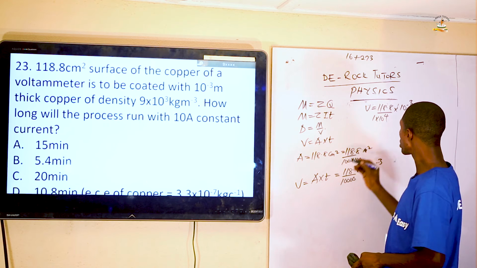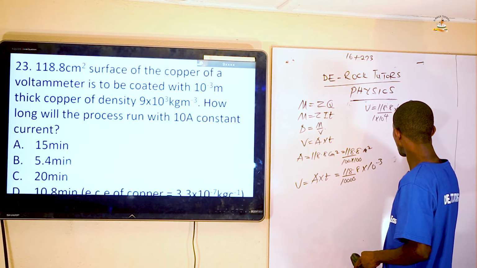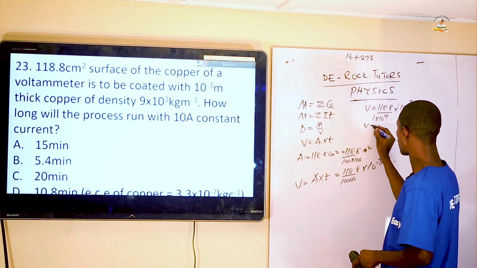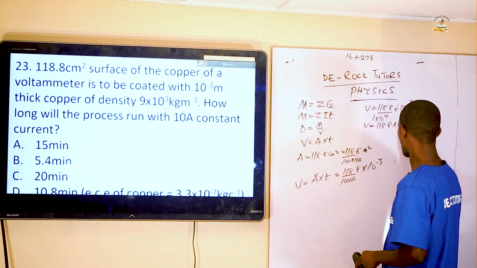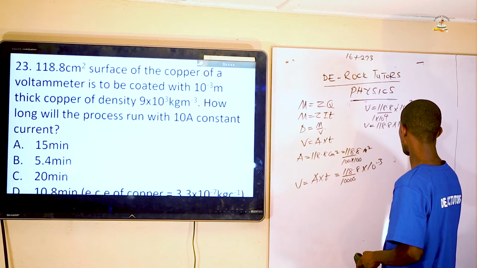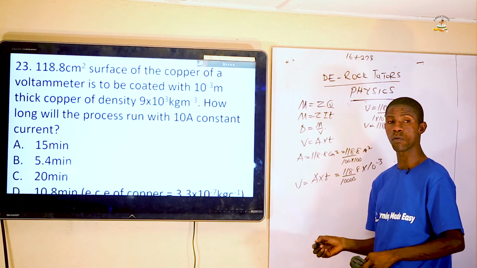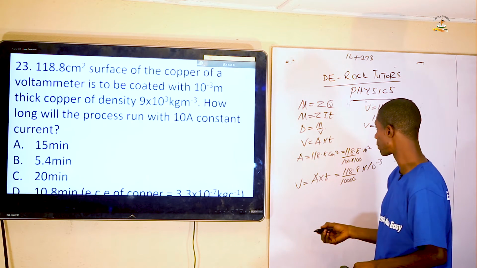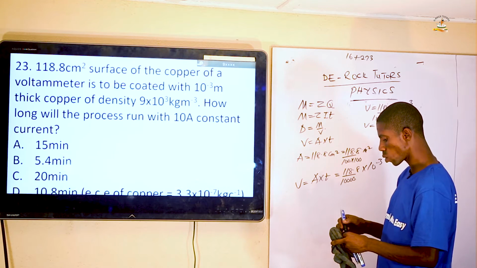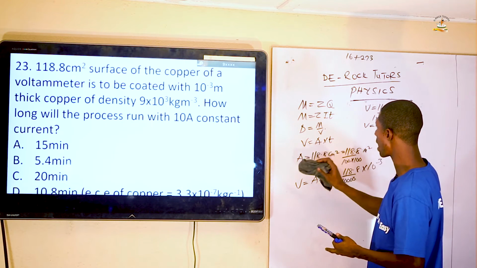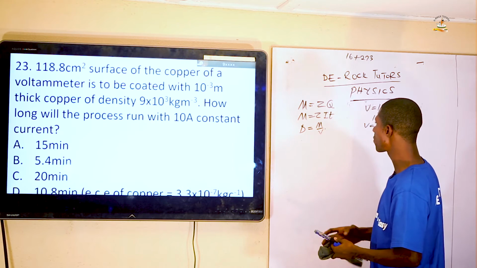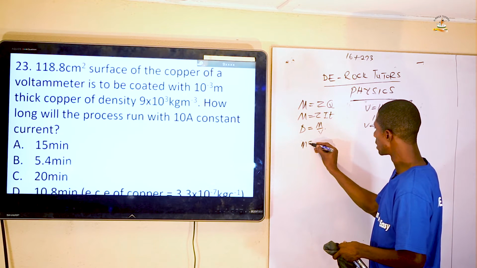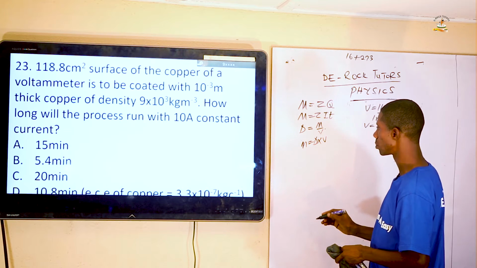So I'll have volume as 118.8 multiplied by 10 raised to the power 7 in meter cube. But then I want to convert this to mass. So I'll go over it again: mass will give us density multiplied by volume.